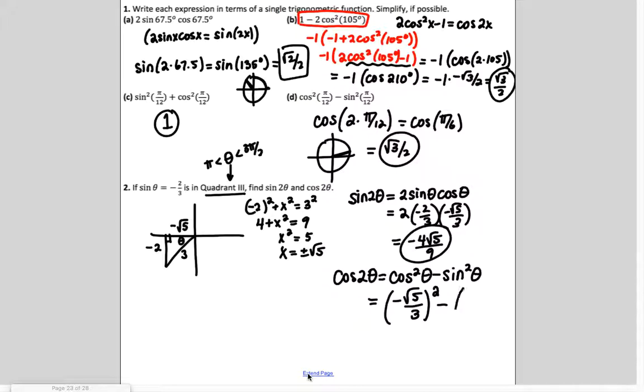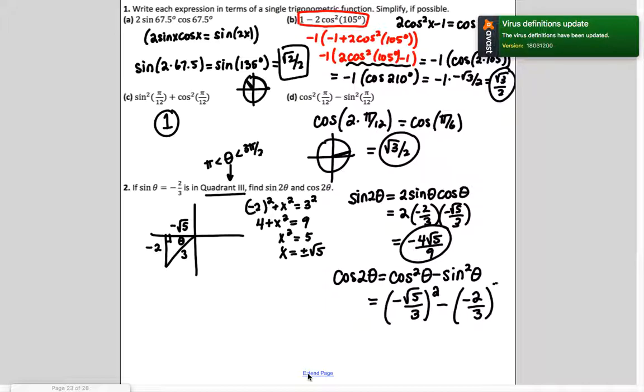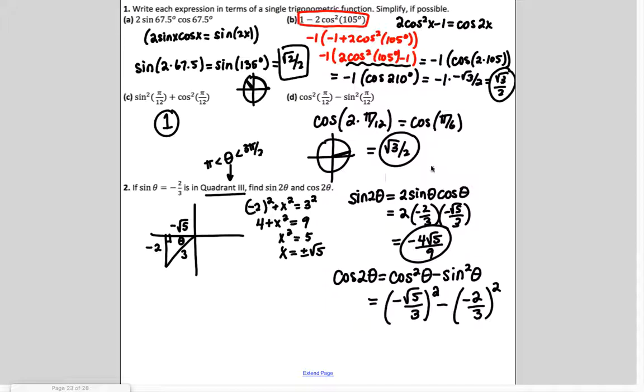And sine is opposite over hypotenuse, right, squared. So I get negative root 5, which becomes, when I square it, 5 over 3 squared is 9, minus 4 over 9. So I get, I don't know why I wrote 5 over 9, 1 over 9. You almost got me.